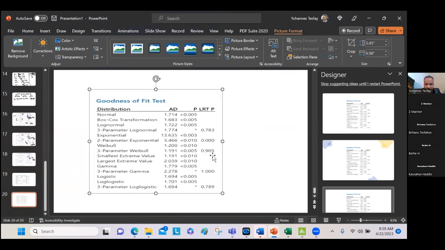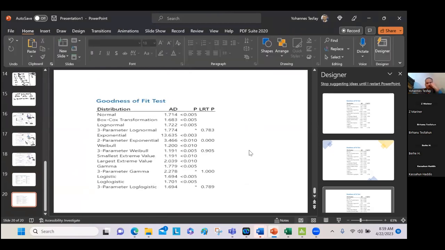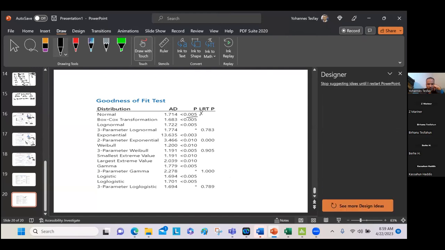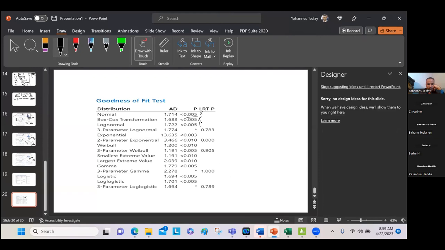You see? So here, the probability. So when I see the probability, is that normal? No. Is that Box-Cox transformation? No. Is that log normal? No. Is that 3-parameter log normal?